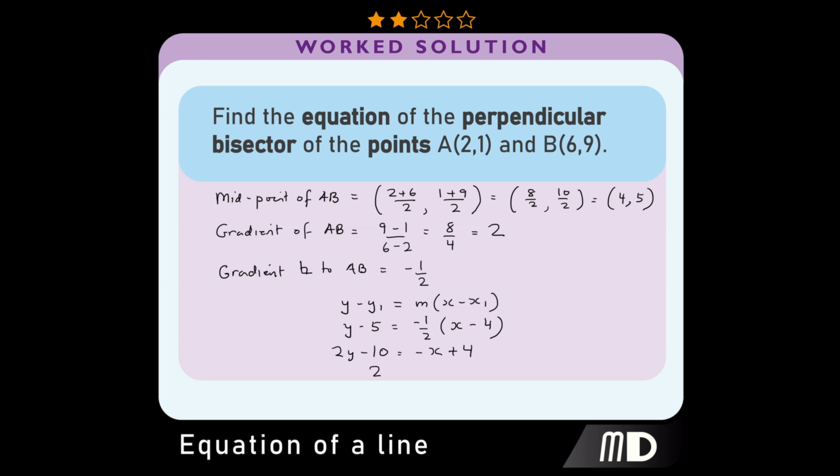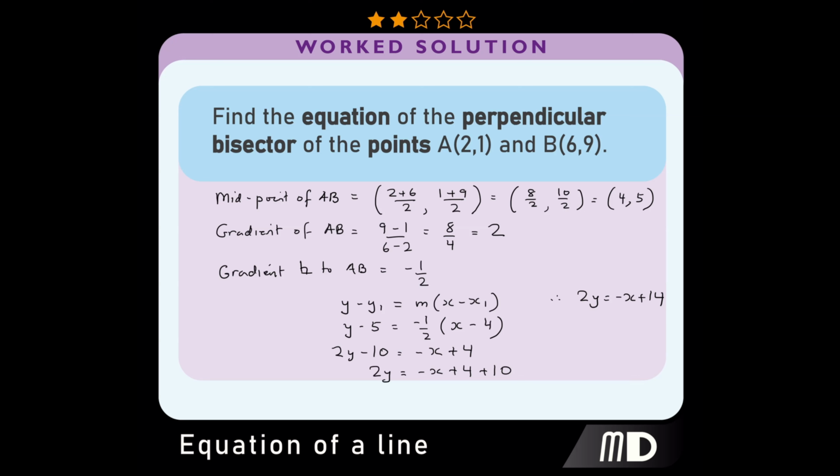And that simplifies to 2y equals minus x plus 4 plus 10. So 2y is equal to minus x plus 14.